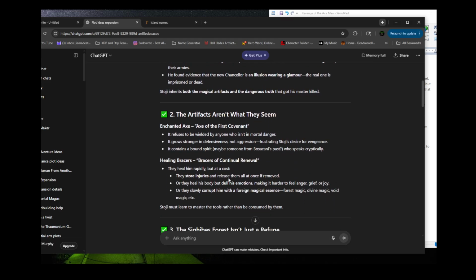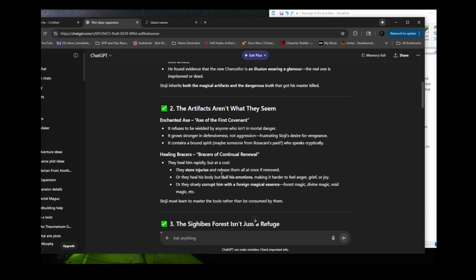The artifacts aren't what they seem. Okay, so the enchanted axe refuses to be wielded by anyone who isn't in mortal danger. Don't particularly like that. Grow stronger when in defense, not aggression. Maybe, but not really.